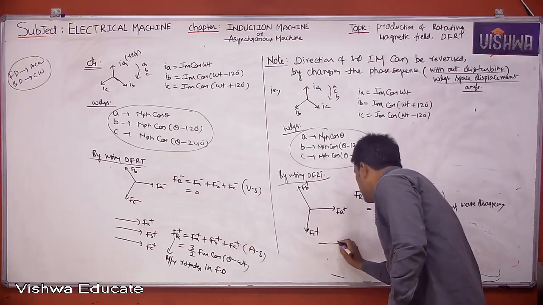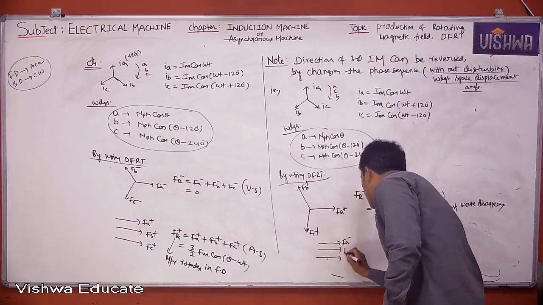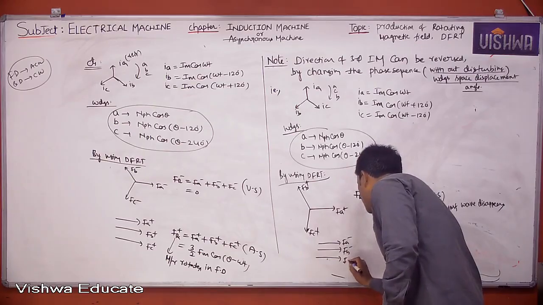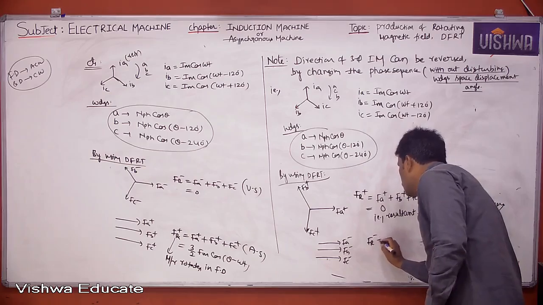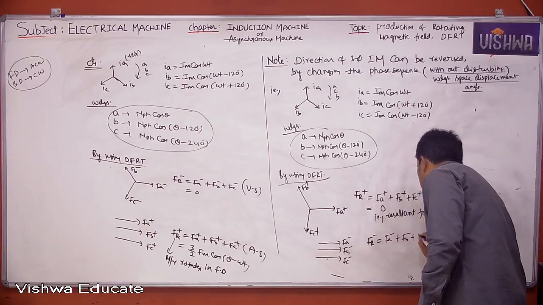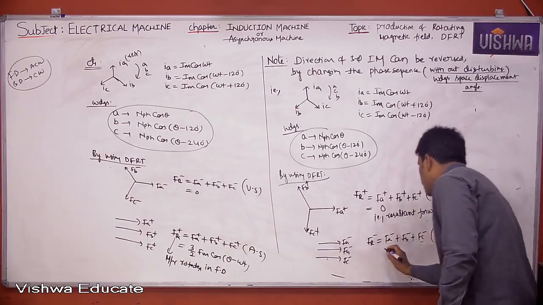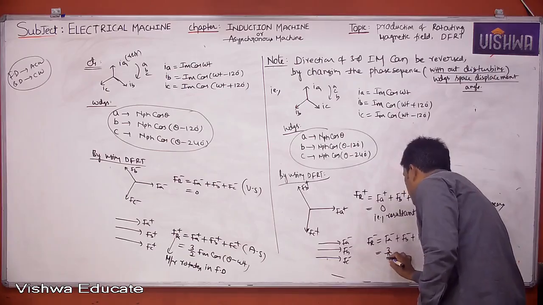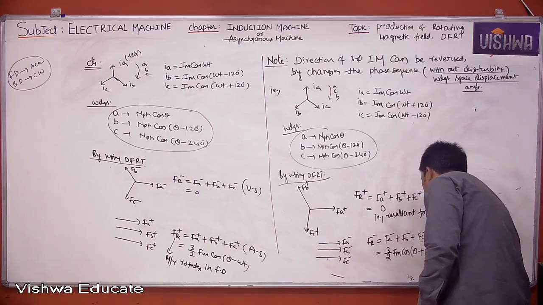And what about these values? Fa minus, Fb minus, Fc minus, they are in phase. Therefore, I can write Fr minus is equal to Fa minus plus Fb minus plus Fc minus. So what of this sum? Arithmetic sum. This value becomes 3/2 Fm cos of theta plus omega t.